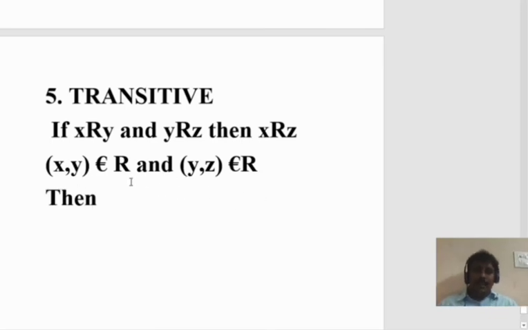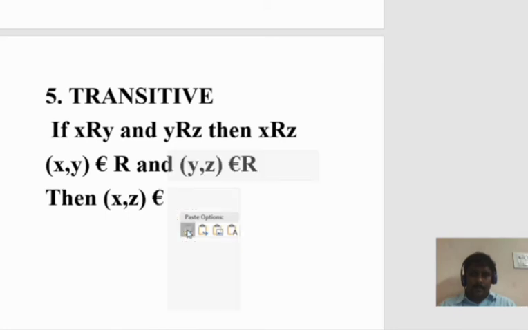If x comma y belongs to R and y comma z belongs to R, then x comma z must belong to R. So it is the transitive property.